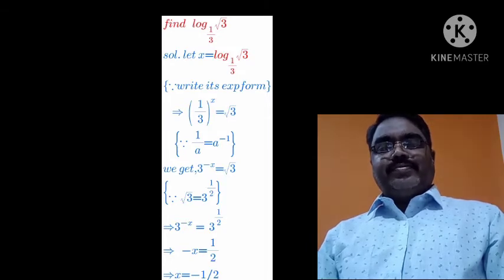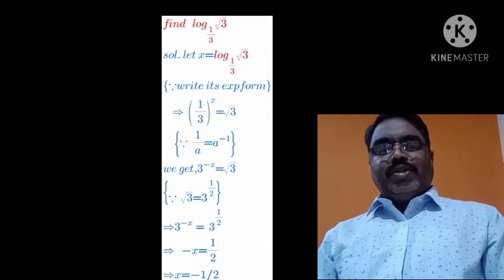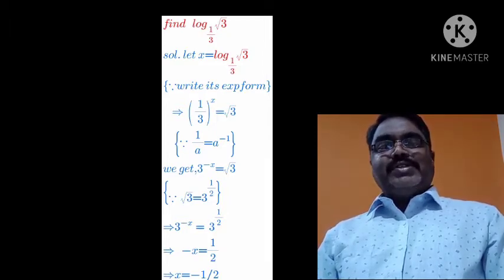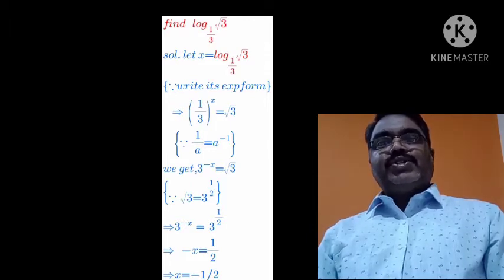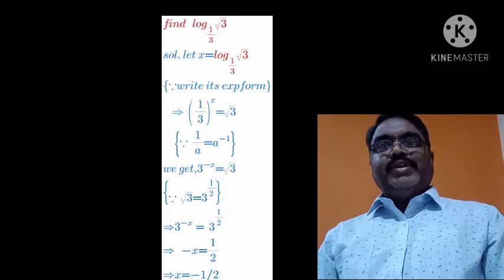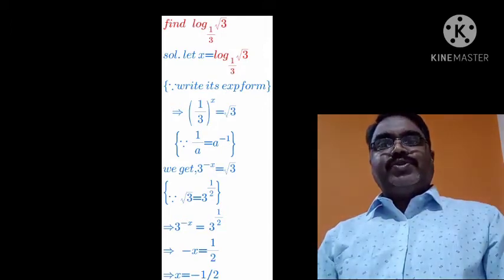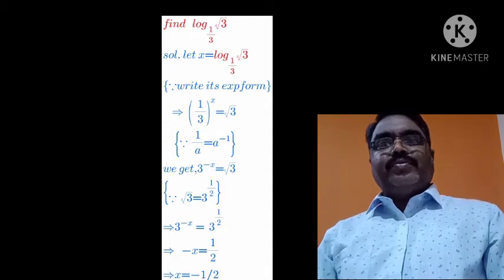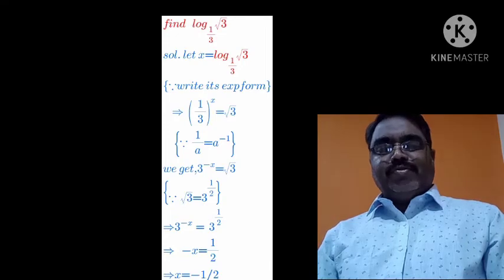Hence, we get 3 to the power of minus x is equal to 3 to the power of 1 by 2. As bases are equal on both sides, the powers are also equal. Hence, equating the exponents, we get minus x equals 1 by 2, and it implies x equals minus 1 by 2.